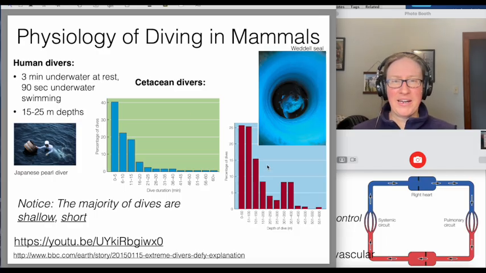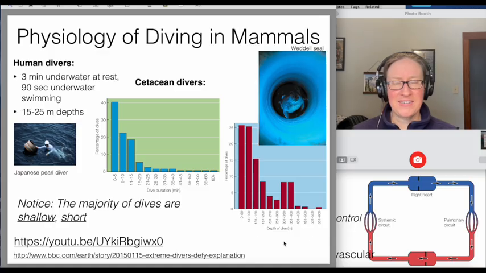And now here on the right, we have dive properties for the cetaceans. On the x-axis, we've got dive duration, and y-axis is percentage of dives. So notice that cetacean divers can spend over an hour underwater during a single dive. That said, the majority of those dives are a lot shorter, but it's possible for them to stay underwater for much, much longer.